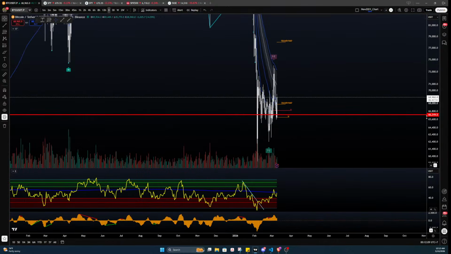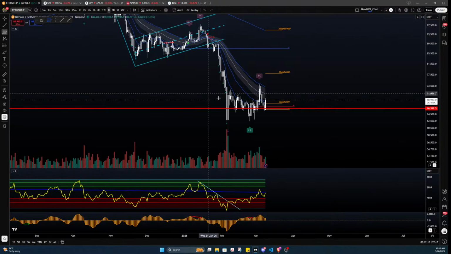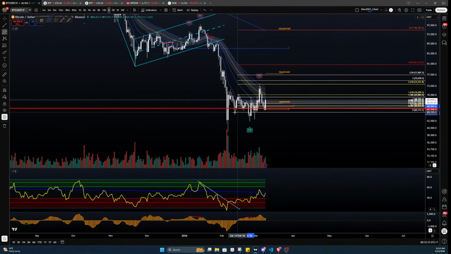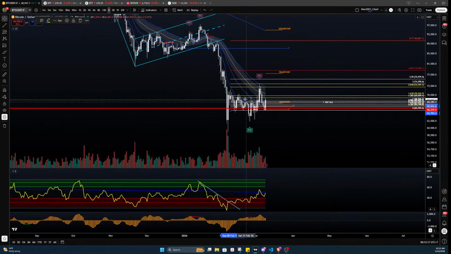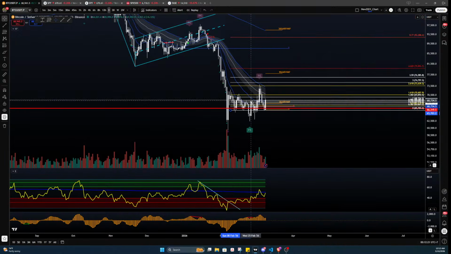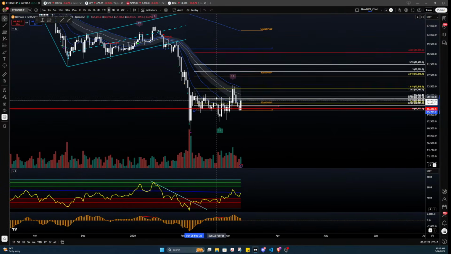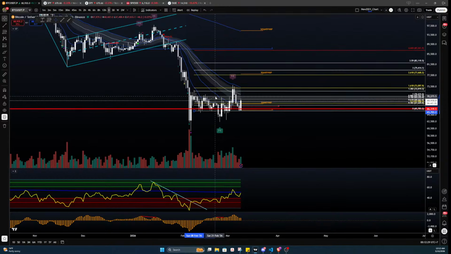So yeah, you can trade this, but don't expect some massive rally. The probability of that happening is not in your favor. Yeah, that's really all I can say about that.